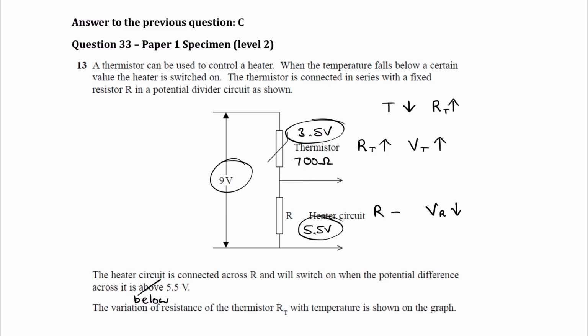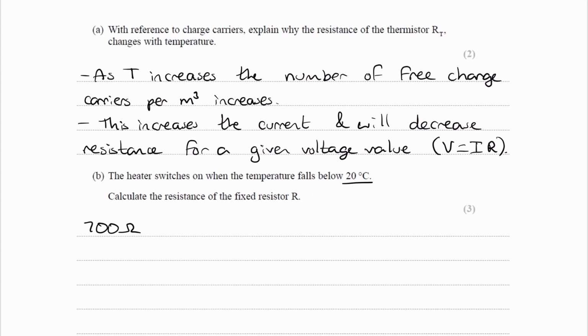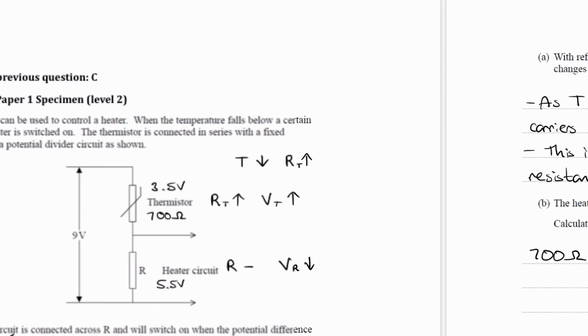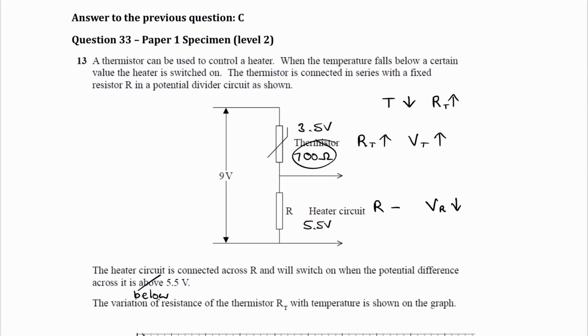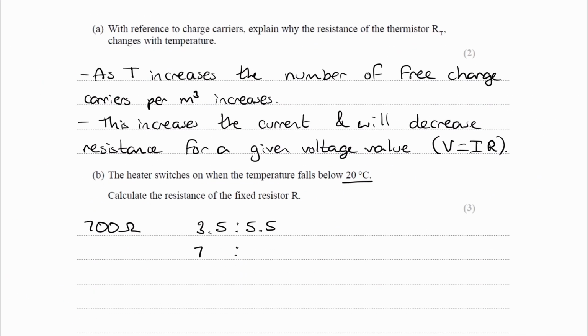And then it's a ratios thing. So the ratio of voltages, 3.5 to 5.5, should be the same as the ratio of resistances. So it was 700 for the 3.5 volts, and the unknown resistance is what we're going to work out from this ratio.